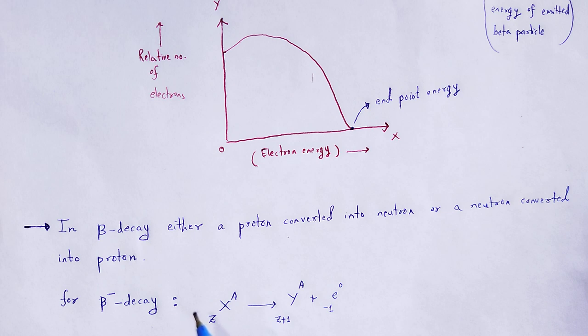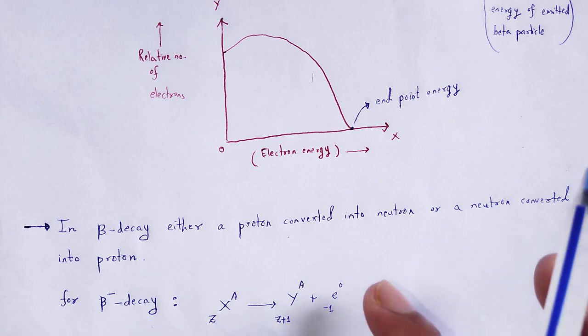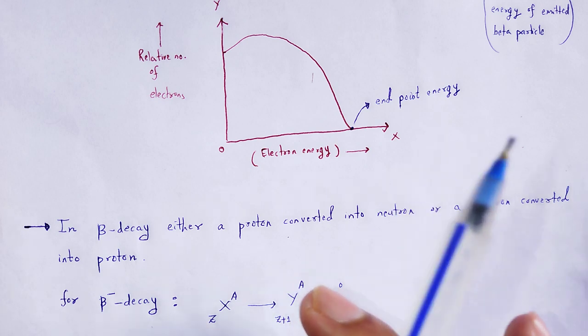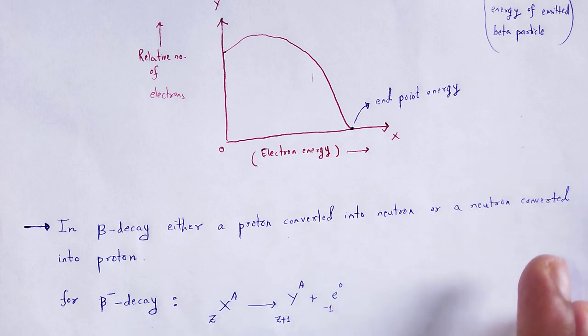Due to that mode of operation, we classify it as beta minus decay or beta plus decay, and another form is K capture. In this session, we analyze by taking beta minus decay and beta plus decay.